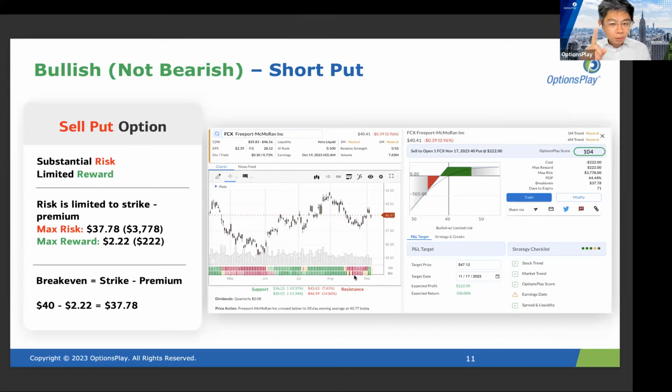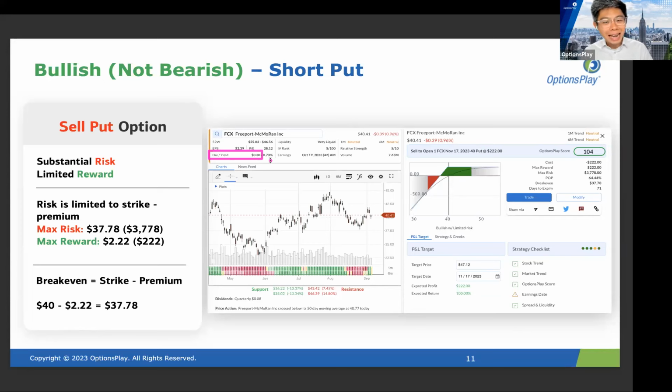And I just want to put that into context. If you were to own Freeport McMoran, you will earn 30 cents per share in dividends per year. So if you own one share of Freeport McMoran at $40 a share, you're going to get 30 cents in income for the year.